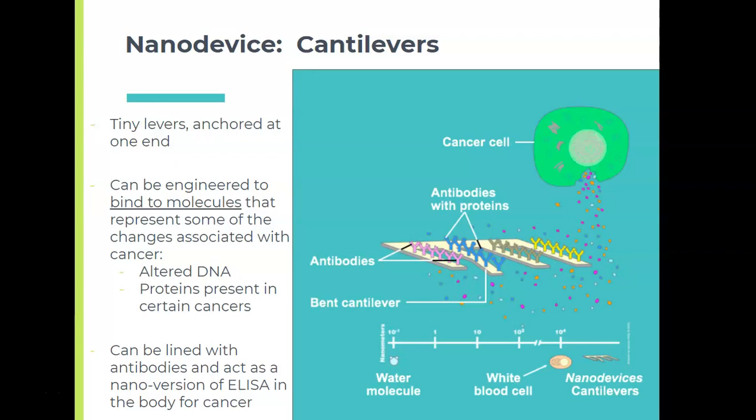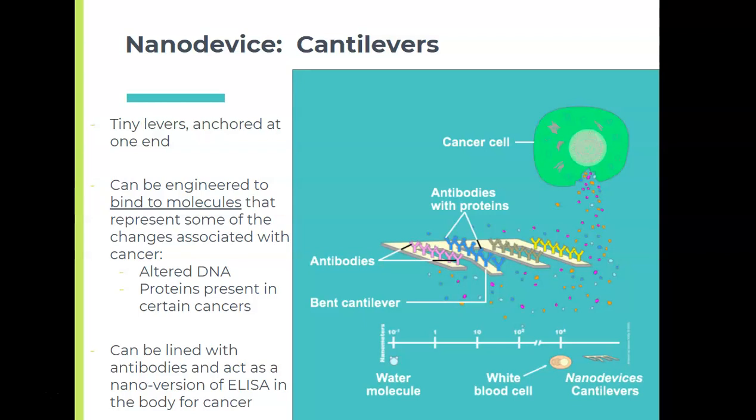And those little extensions or prongs that are hanging off the major side here can bend. So the idea here is that you might attach specific antibodies or specific proteins, something that would react or try to detect a product of a cancer cell.